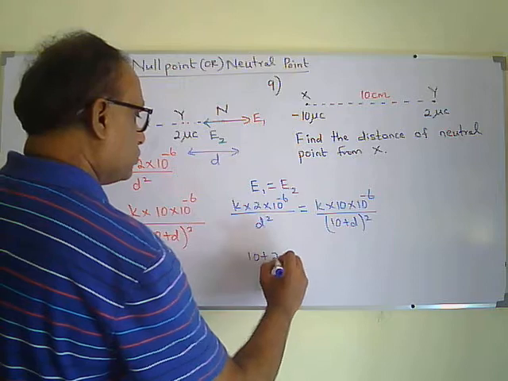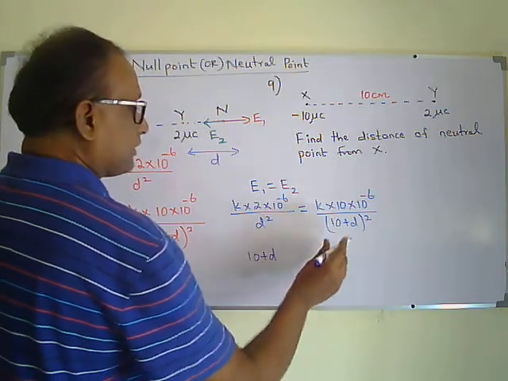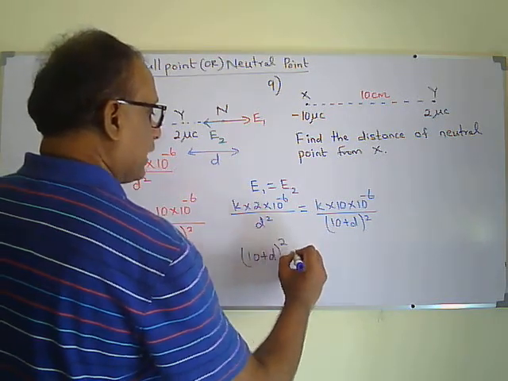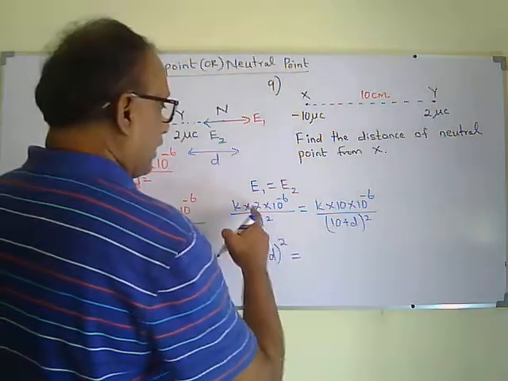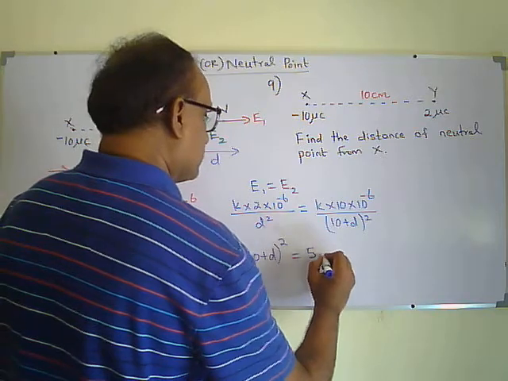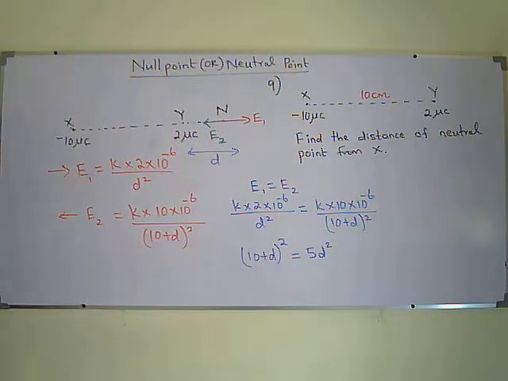If you want I can write one step. 10 plus d squared is equal to, I divided by 2, so 5d squared. So both sides take square root. When you take square root on both sides, it will become root 5.